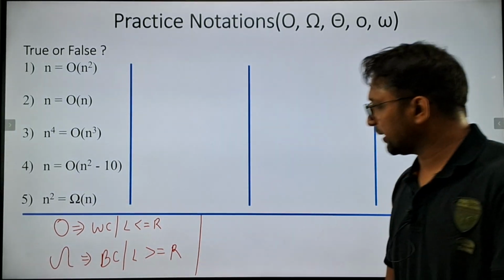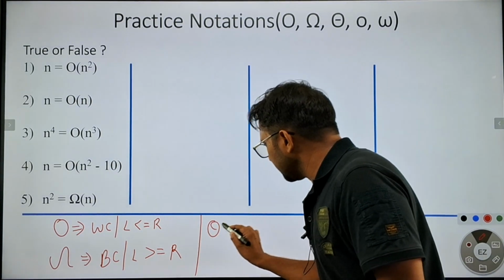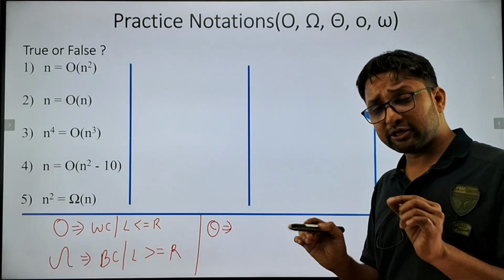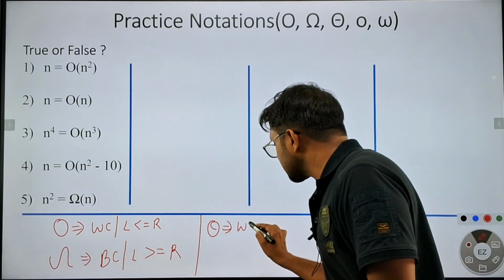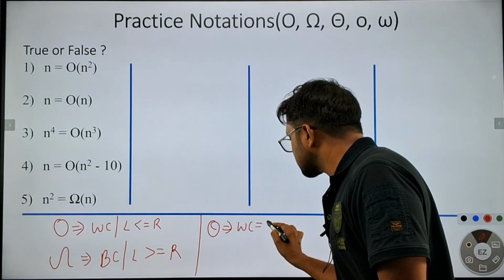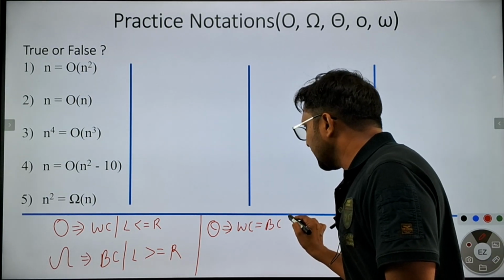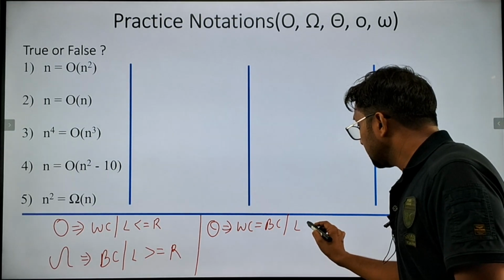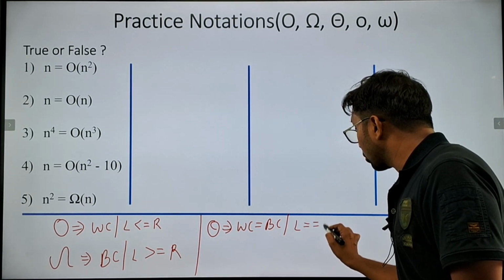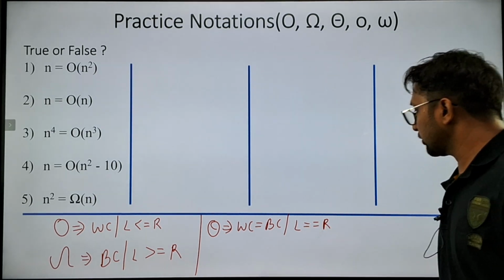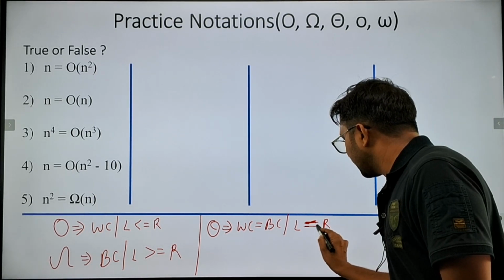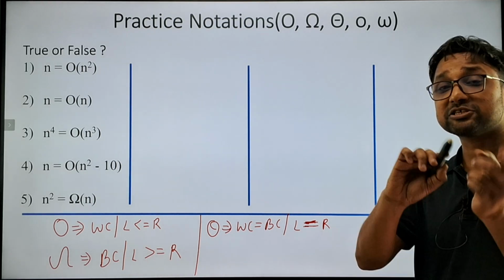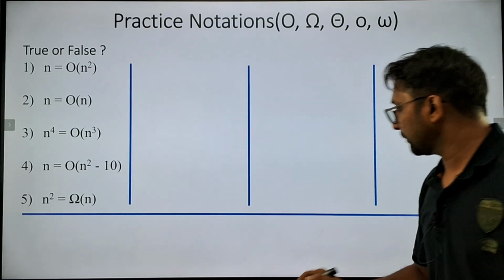In theta notation, we use it when the worst case time complexity of an algorithm is the same as the best case, and the left hand side is equal to the right hand side. When they are equal, we can use theta notation to represent the relationship between them.